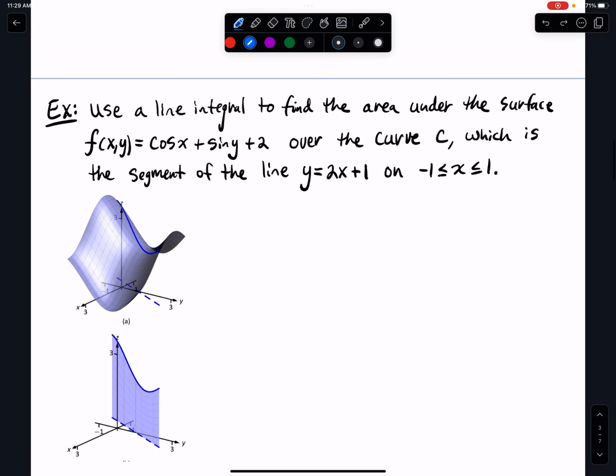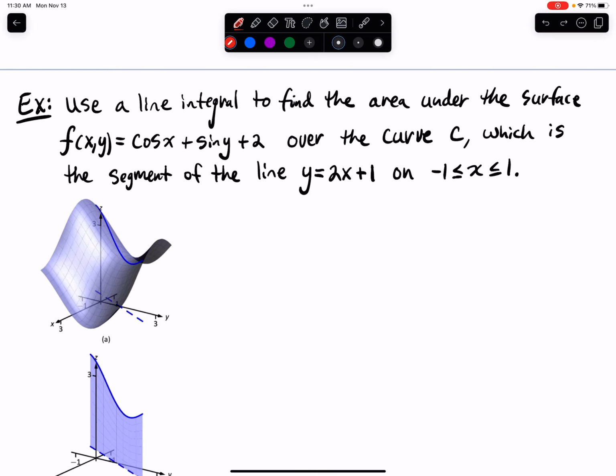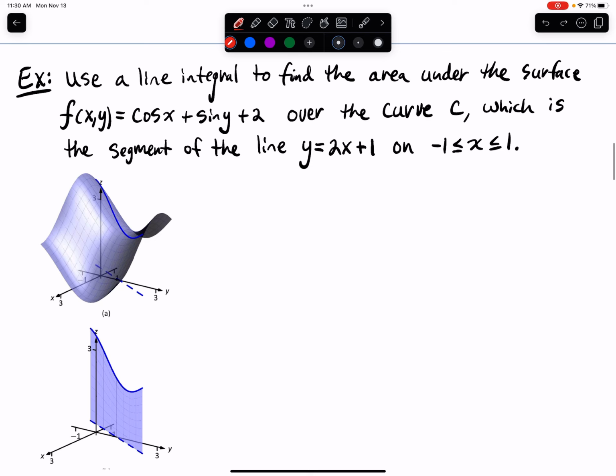All right, so let's get to an example. I want to use a line integral to find the area under the surface f of xy equals cosine x plus sine y plus 2 over the curve C. So this is a segment of the line y equals 2x plus 1.